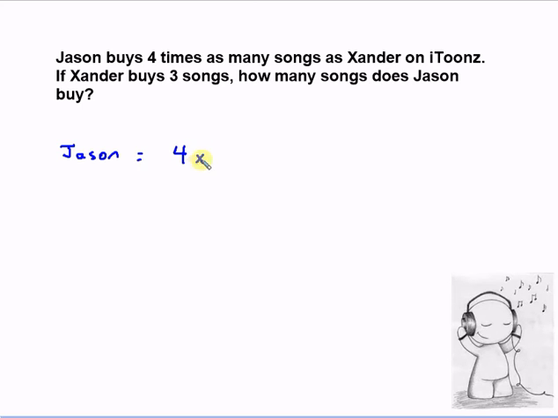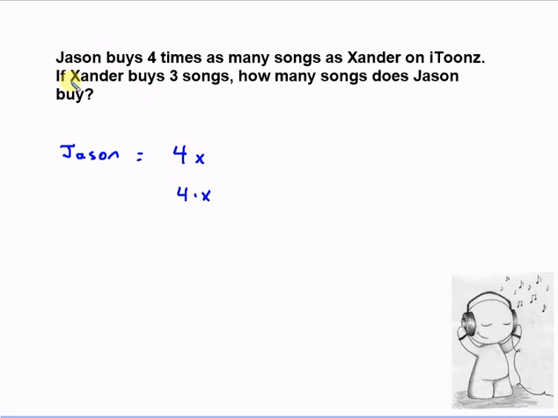If we know the value of the number of songs that Xander bought, then we can replace that X with that value and then multiply 4 times that number. So we would have 4 times X, or a little box here if we want to think of it. 4 times X is going to equal the number of songs Jason has. Well, does our problem tell us how many songs Xander bought?